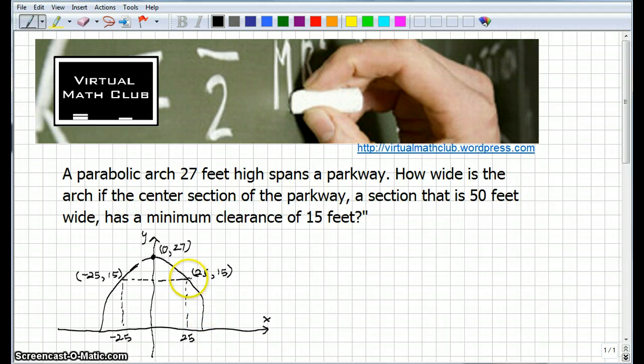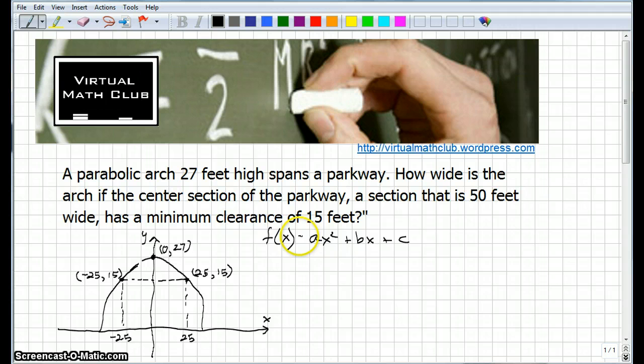Essentially we're given 3 points on the parabola, and then we're asked to find how wide the parabola is. So from these 3 points I tried to figure out the formula for the parabola. We know a parabola has the form ax squared plus bx plus c, which is f of x.